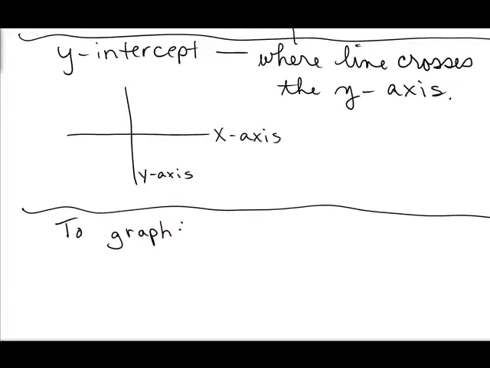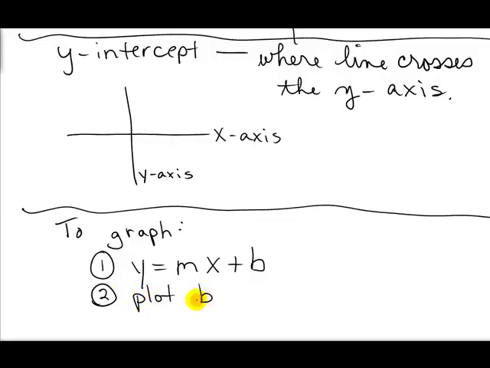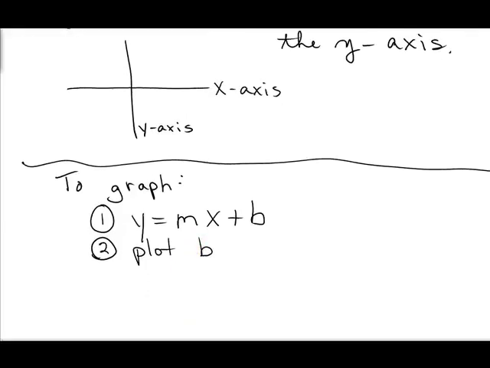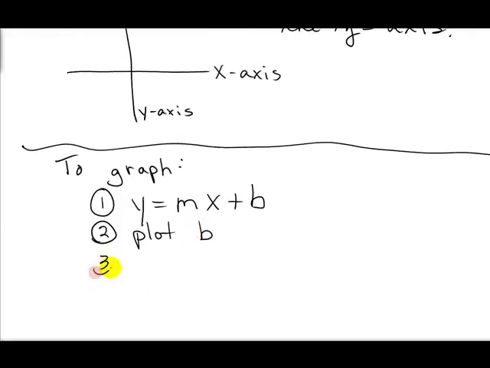So the first thing we need when we're graphing is we need our equation in this format. Y equals mx plus b. The second thing we need to do is we need to plot b. And then after we plot b, the third thing is to apply the slope.